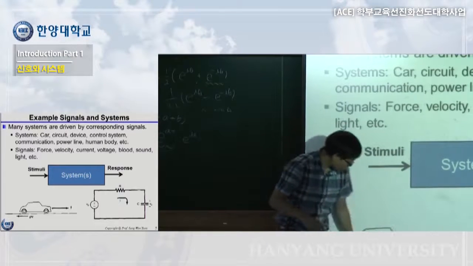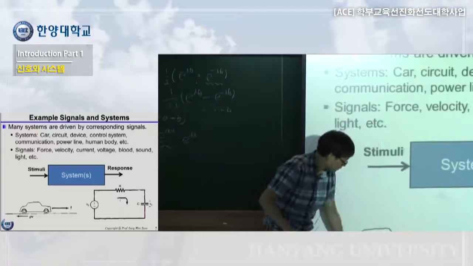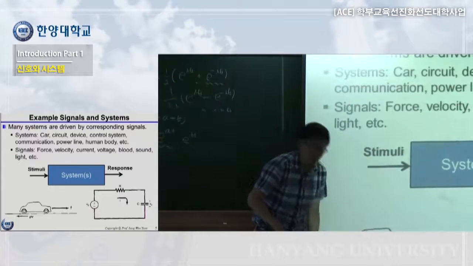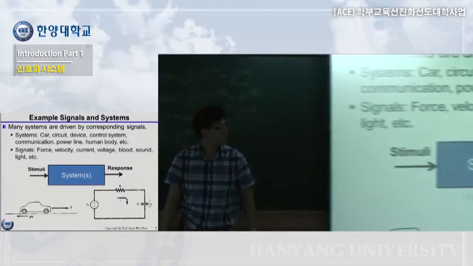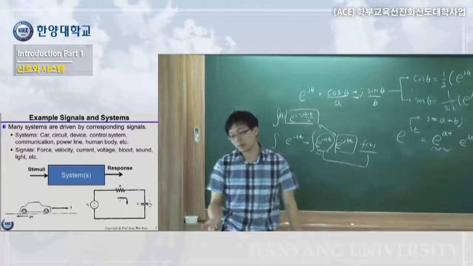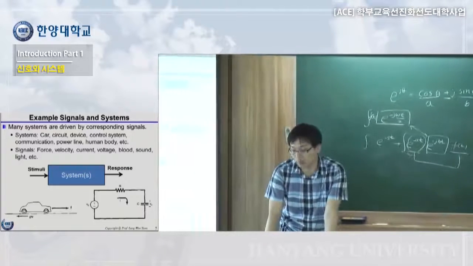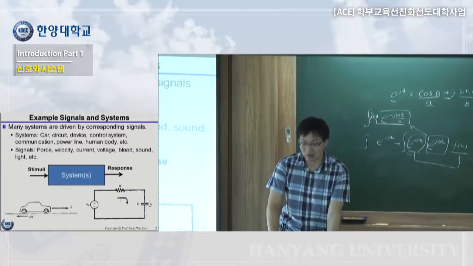But one of the responses is what? Moving the car, the distance of the car. But also this friction force is working. That's how we define it. So there can be force, velocity, current, voltage, blood in the human body, sound, light. There are a lot of forms.